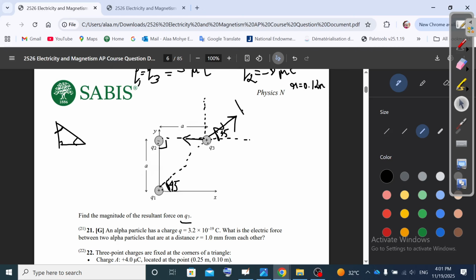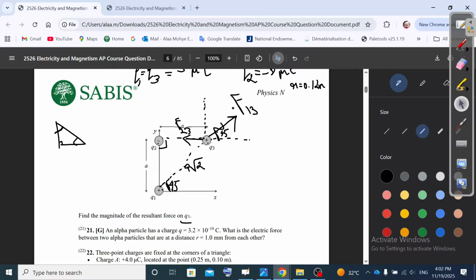And this is the force F13 and this is the force F23. And this distance is A radical 2. Why? This by the Pythagoras theorem. You should know it. Okay, let's find each individual force.